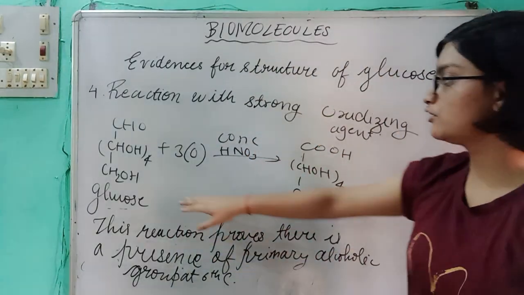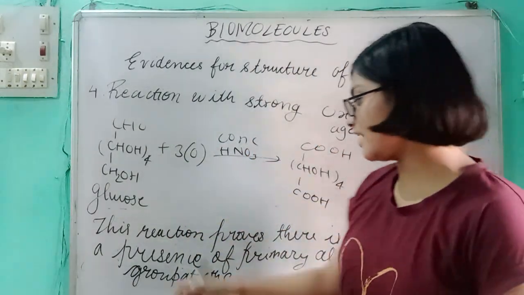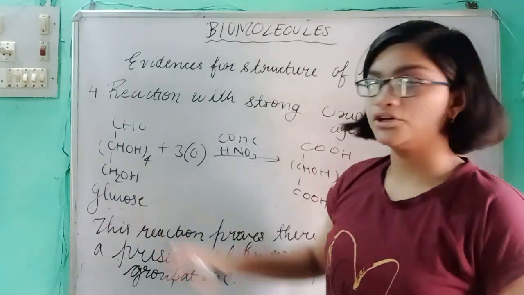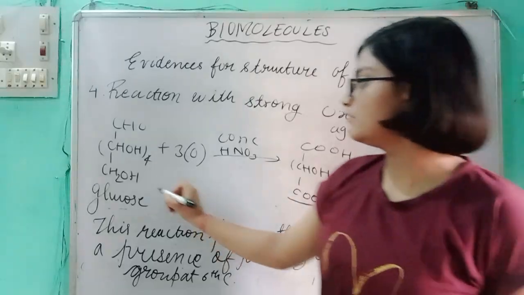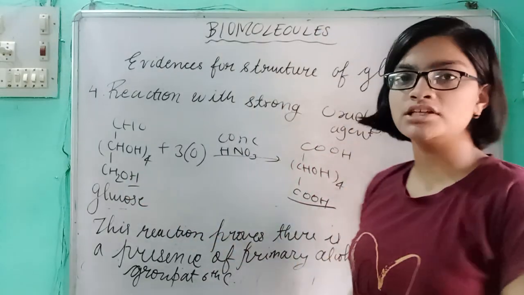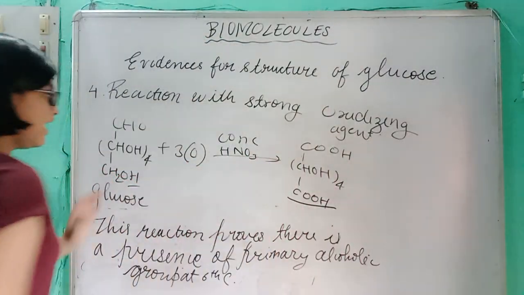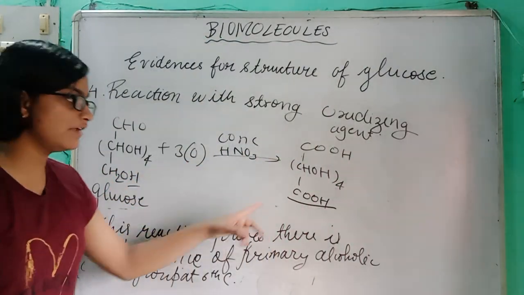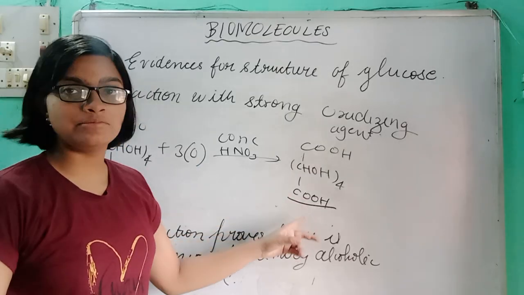Whenever glucose reacts with a strong oxidizing agent, such a structure is obtained. Since we can see COOH, and whenever an alcohol gets converted directly into an acid, this shows a strong oxidizing agent has reacted with glucose and we have obtained a COOH group. This means that there is a presence of a primary alcoholic group.